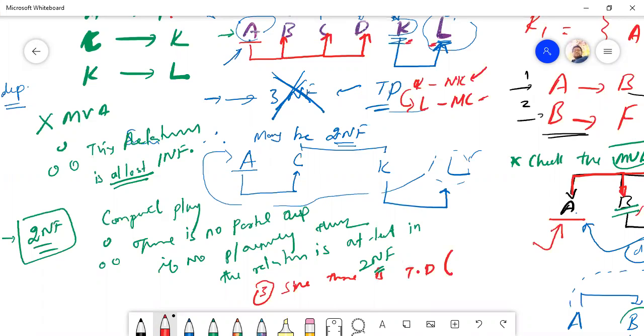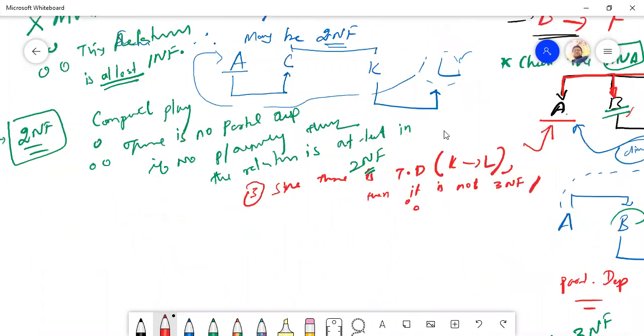You can show it like this: L is depending on K. Since there is a transitive dependency, it is not third normal form. If it is not third normal form, then we can conclude our story. Therefore, this relation is in second normal form.